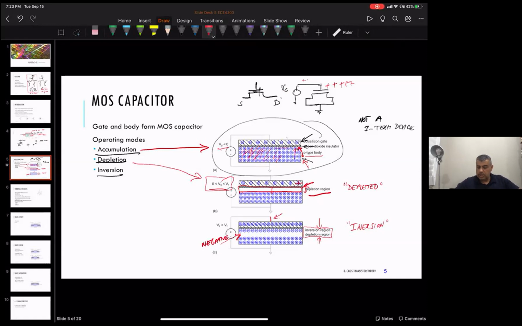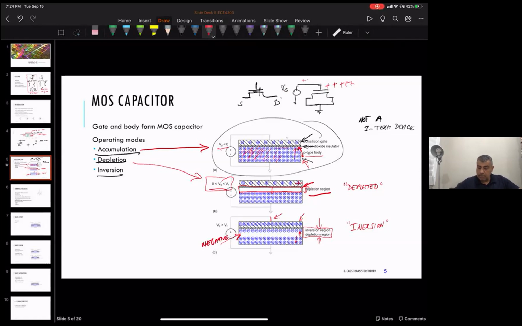So instead of these electrons just recombining with holes in the depletion region, they actually start bubbling up, getting attracted towards the gate because of this positive charge on the gate. And the holes that get generated here get pushed out by that same electric field into the substrate. So basically you end up with this layer of electrons right underneath the gate.